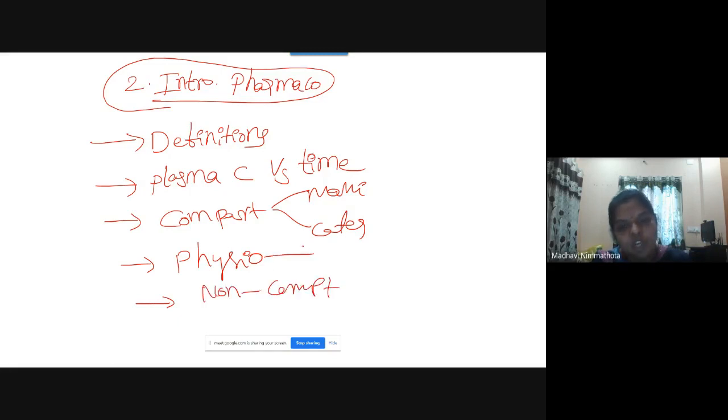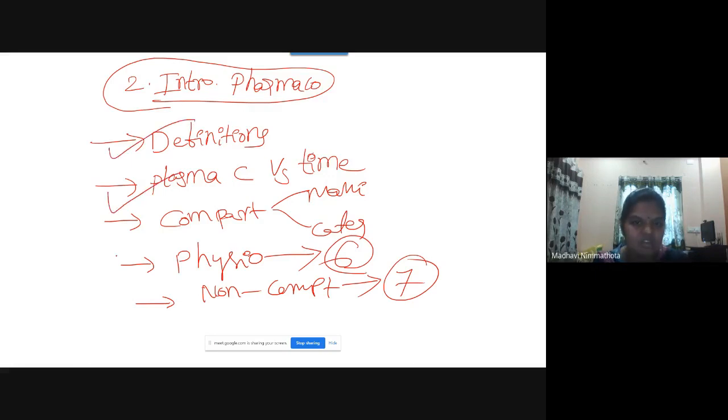Okay, the physiological model will again be present in your 6th unit, and non-compartmental analysis will be present in the 7th unit. So in this second unit of BPPK, you just concentrate on definitions, plasma drug concentration versus time, and compartment models. These three are most important. Okay, so from this, I completed your second unit of this BPPK.